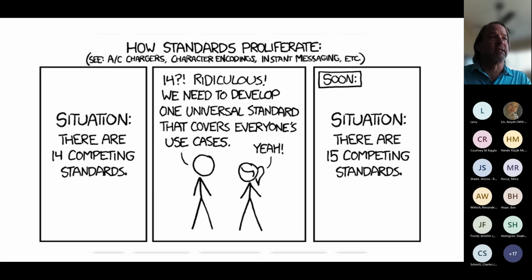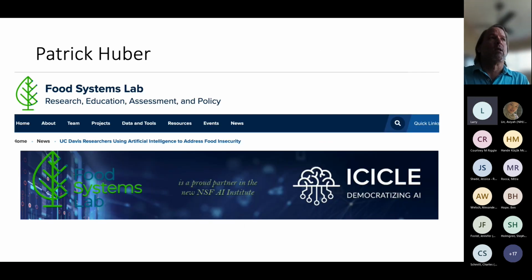So in other words, in this situation here on this cartoon, how could we get these 14 groups to come together and talk about their shared conceptualization? The other way to do it is to, of course, look at sources. This is work that's been done by Patrick Huber at the Food Systems Lab, and he's a longtime collaborator with IC Foods.